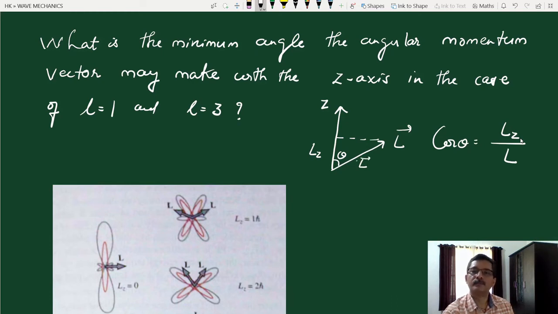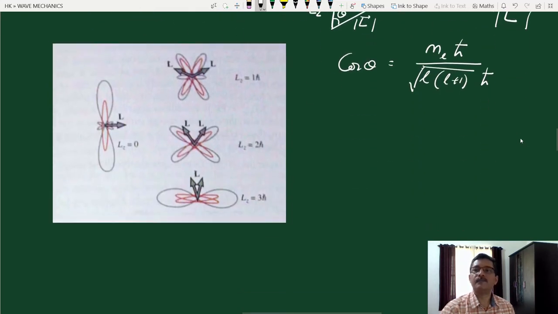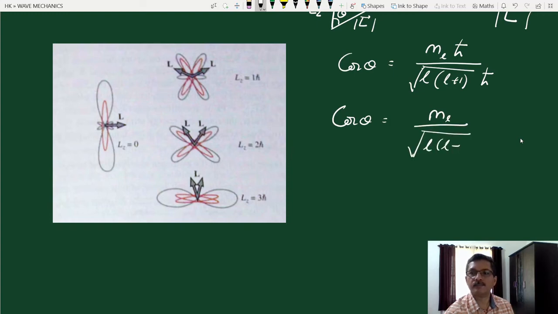Now, what is Lz? Lz is ml times h cross, and modulus of L, the magnitude of orbital angular momentum vector, is square root of L into L plus 1 times h cross. So this h cross will cancel. Okay, we can say that cos theta is equal to ml divided by root of L into L plus 1.